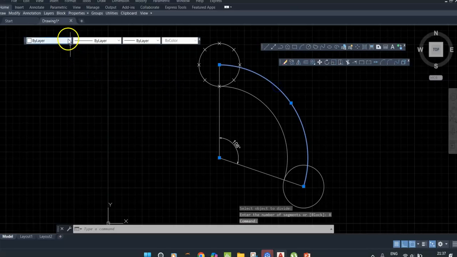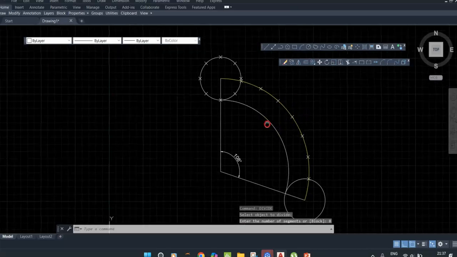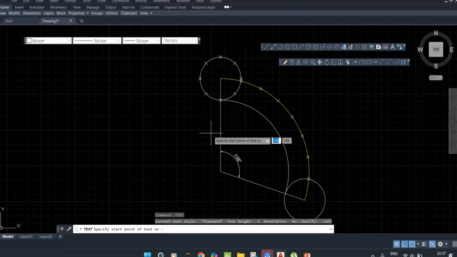For my convenience, I am converting that center line to yellow color. Divide this center line into how many parts? 8 parts. And name them by using the text, similarly to what we have done in the cycloid video.